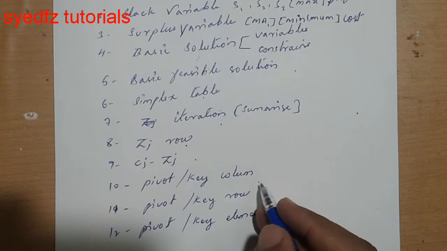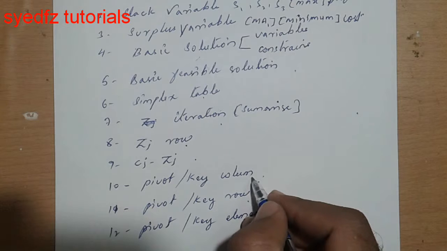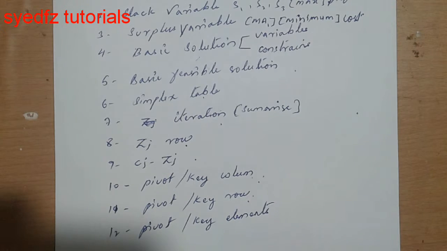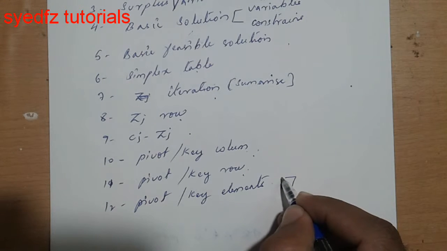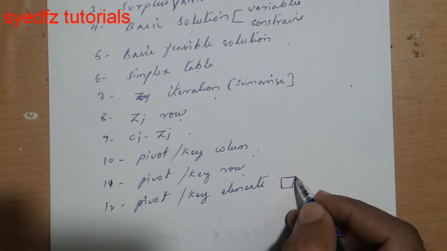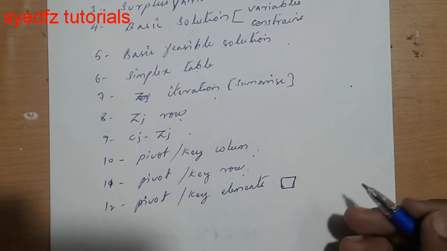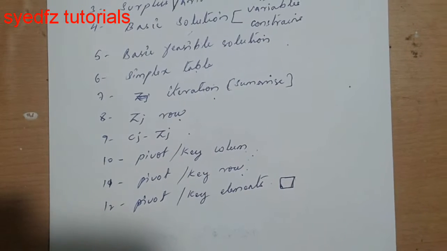Pivot column is also called the key column, and we also check the key row. First we see the key column, then the key row, then go for the key element. Just draw a square on that point by checking the key row and key column. I will show you, it's very simple, and you will get it very easily.